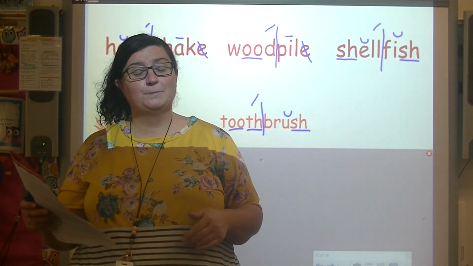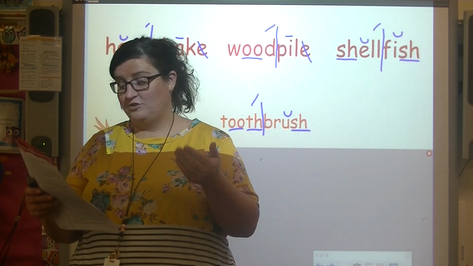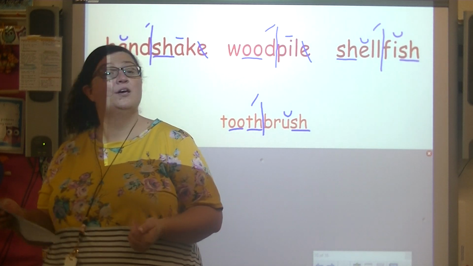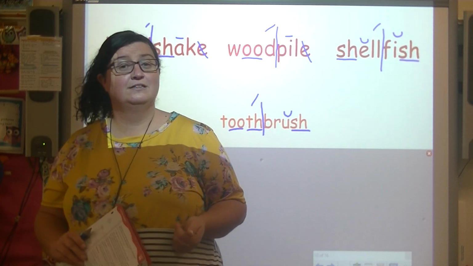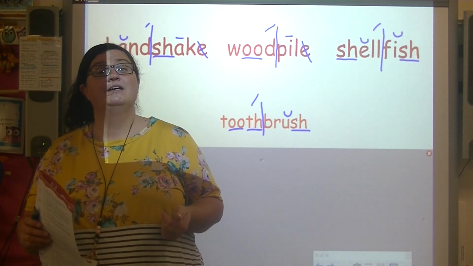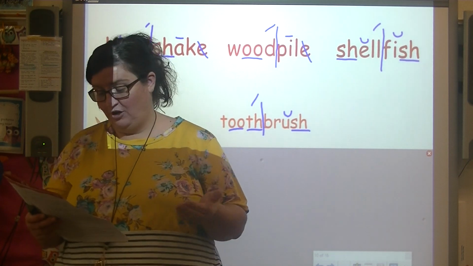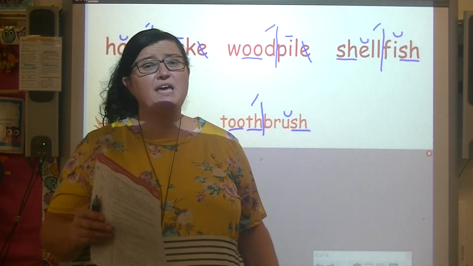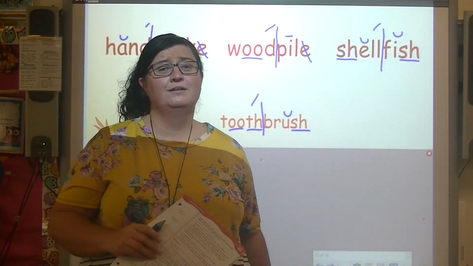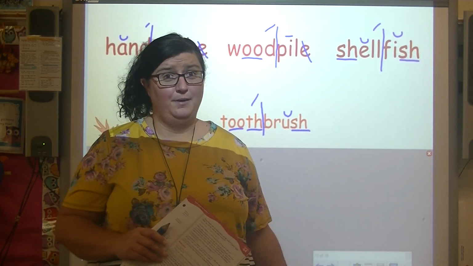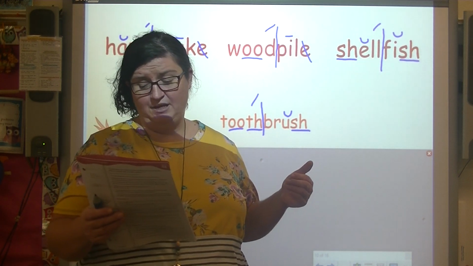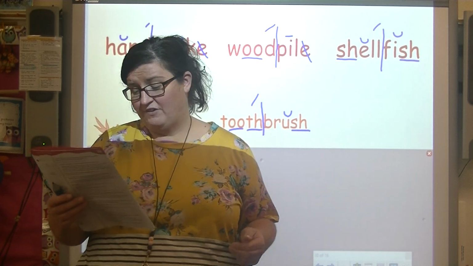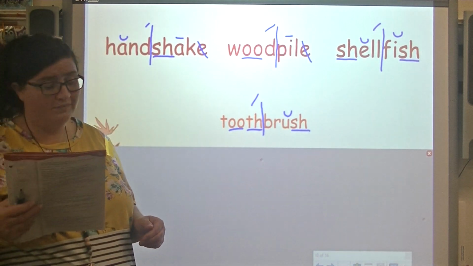Bathroom. Room that you take a bath in. Birthday. It's the day of your birth. Pig pen. A pen that the pigs are kept in. That's right. Very good job.